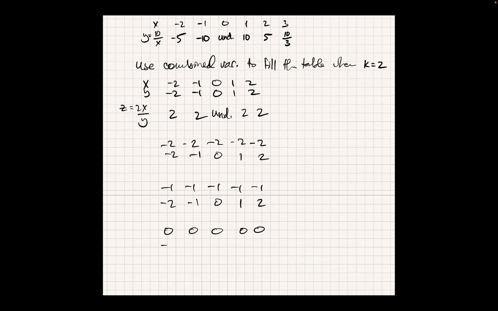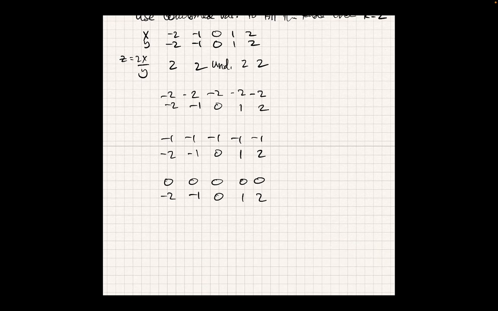Are you just doing different variations? I'm doing different variations because x doesn't have to equal y to get a meaningful table. So I kind of need a 3D table here. We don't have to fill it out, but I'm just showing you the complexity of using two independent variables.